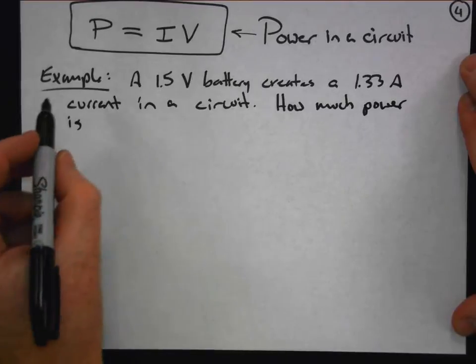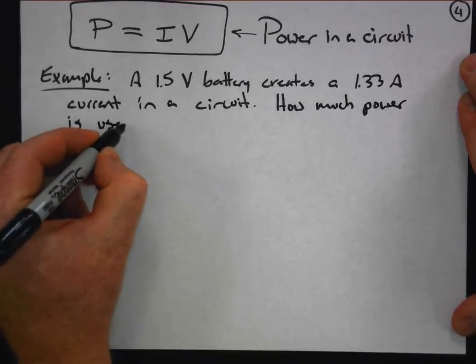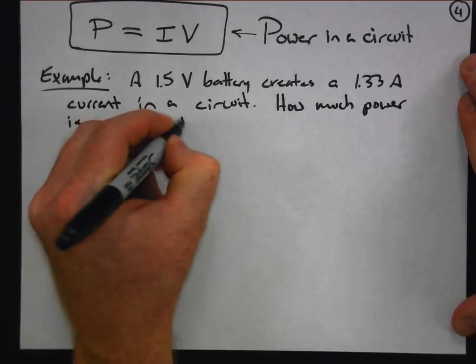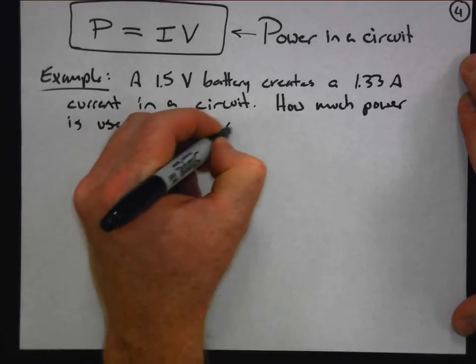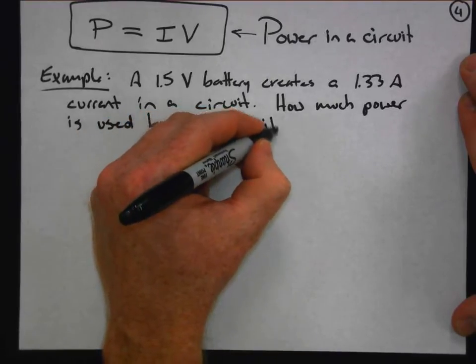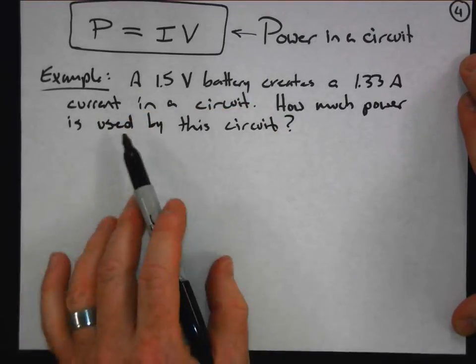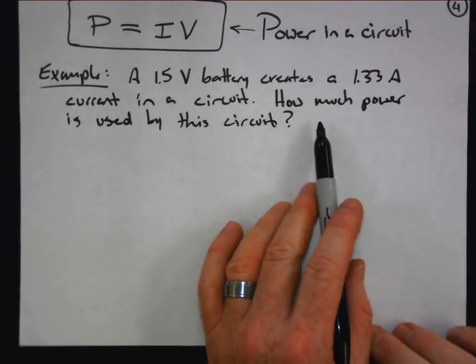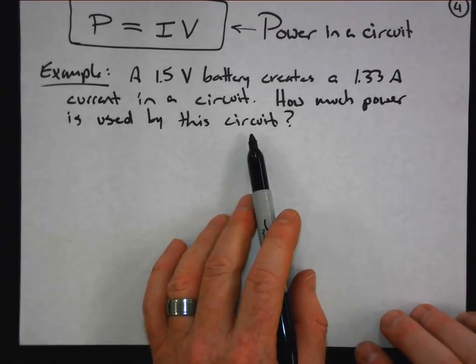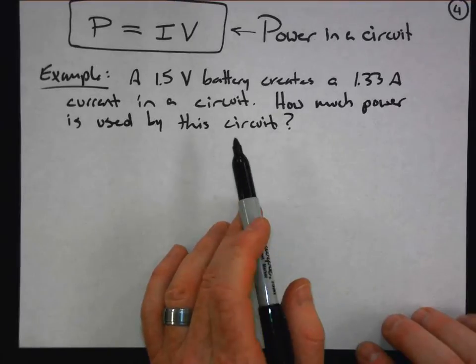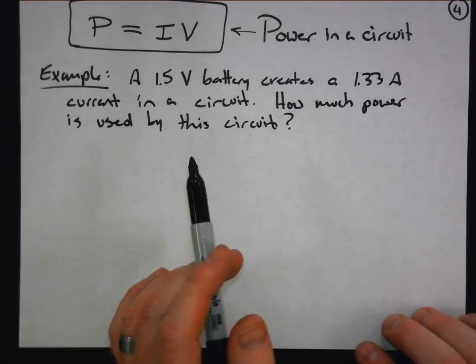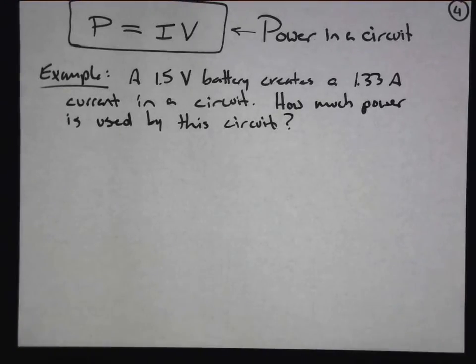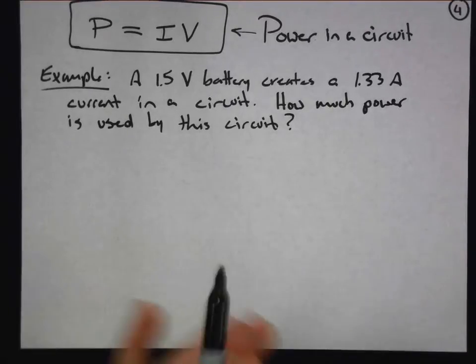Sometimes the wording will sound like this: how much power is dissipated by the circuit, or how much power is consumed by the circuit. That kind of all mean the same thing, at least for our purposes here.